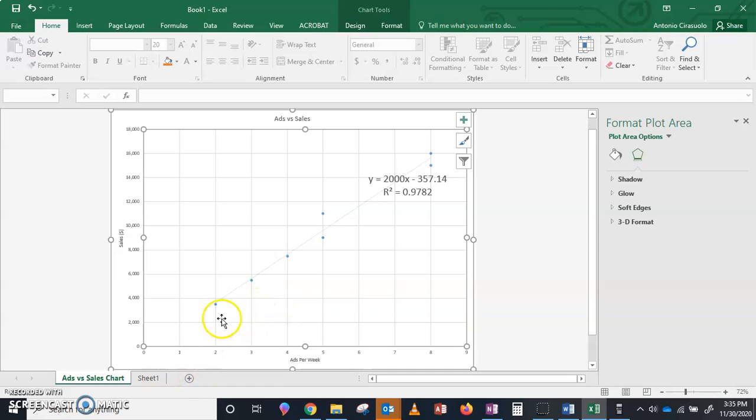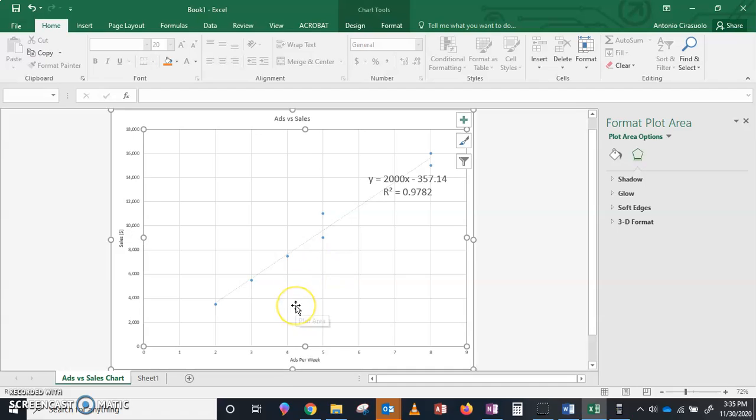I wanted to add as well that our line doesn't go beyond what our data is given. We weren't given data for less than 2 ads, and we weren't given data for greater than 8 ads. So we can only use this model between the data points that were given, in this case x being 2 to 8.